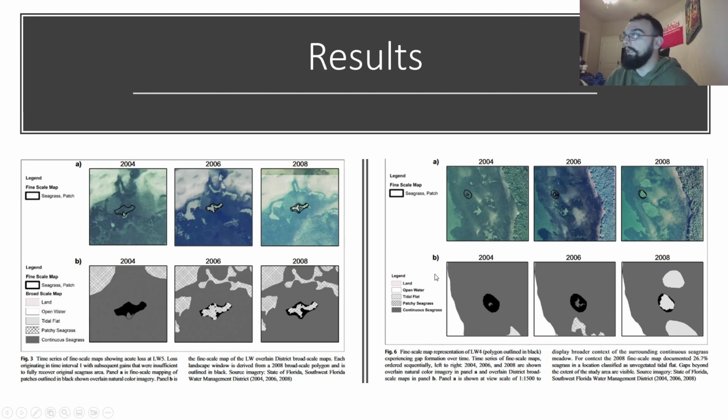However, over here in figure 6, further down into the paper, it actually is able to consider these areas to be unvegetated after chronic periods of loss and gaps.